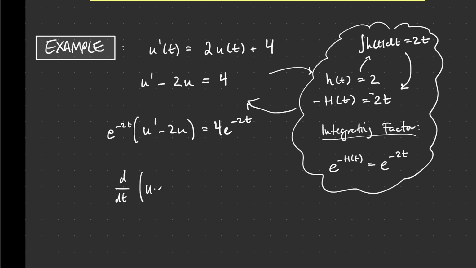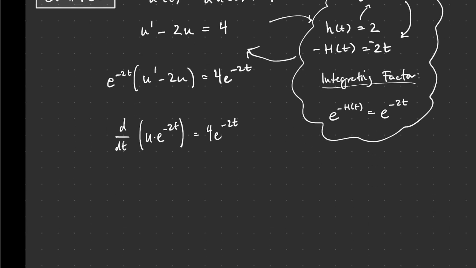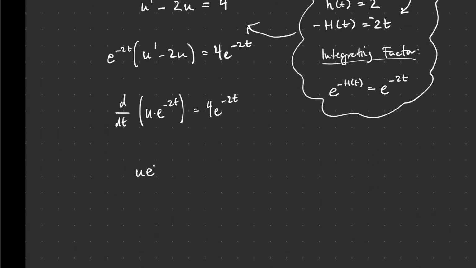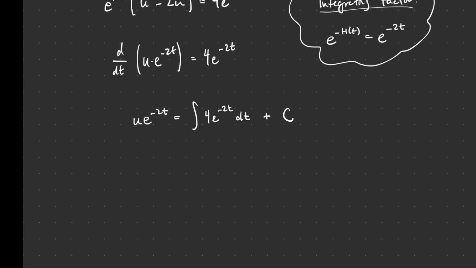So u e to the minus 2t equals the integral of 4e to the minus 2t dt plus a constant of integration. And then we multiply both sides by e to the positive 2t to get u by itself.